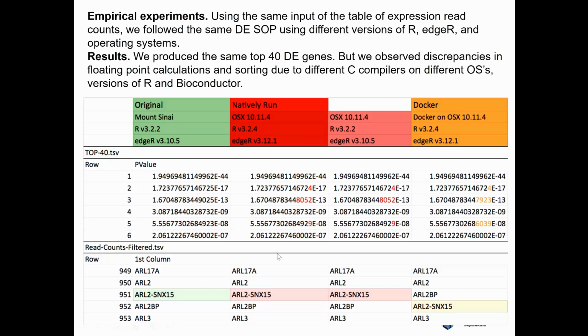Also concerning is that when we take a look at the sorting, we get some differences in the way things are sorted. This is even though we're using the same operating system. And this actually arises from different localization. In the old days we just had ASCII and everyone just used ASCII.